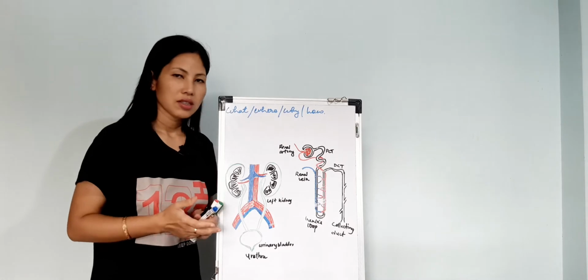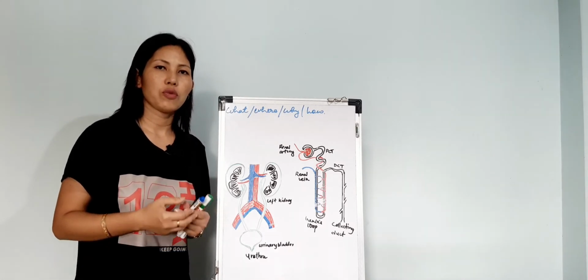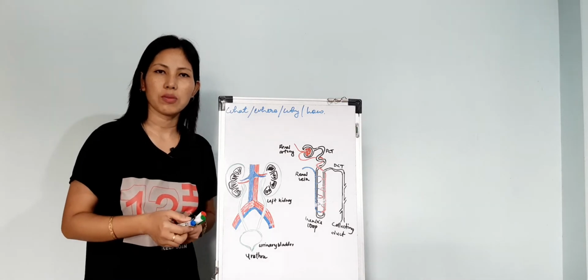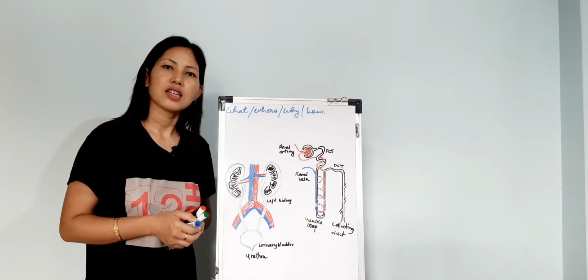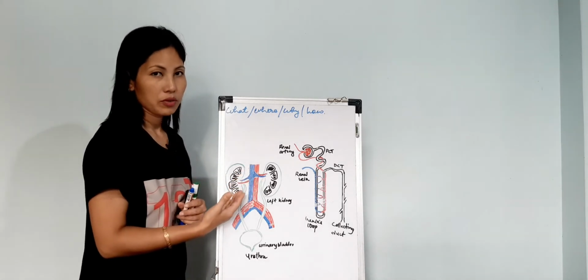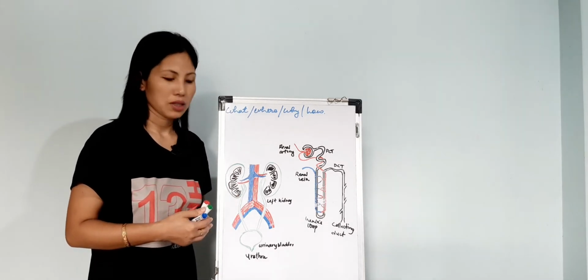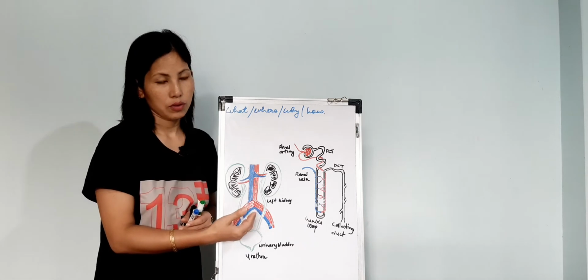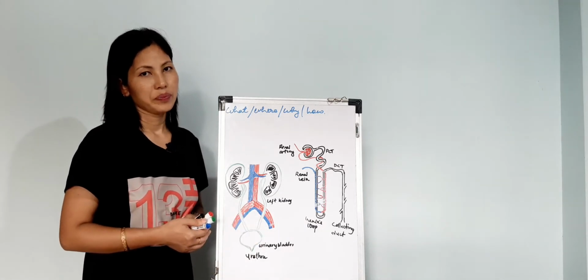The excretory system is the process of removal of waste material that is produced in our body with the help of various organs and their associated parts. That includes a pair of kidneys, which are located on either side of our abdominal cavity, then a pair of ureters, the urinary bladder and the urethra.